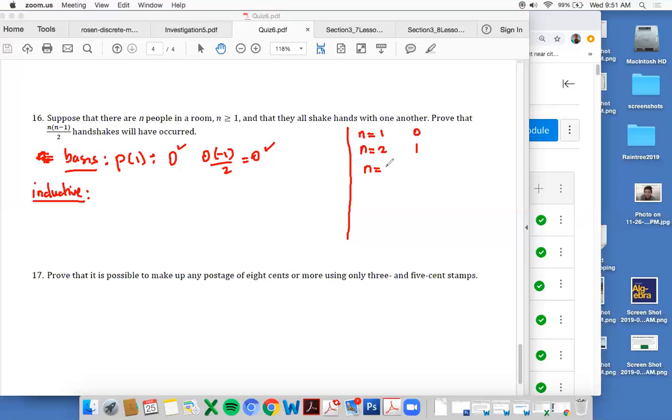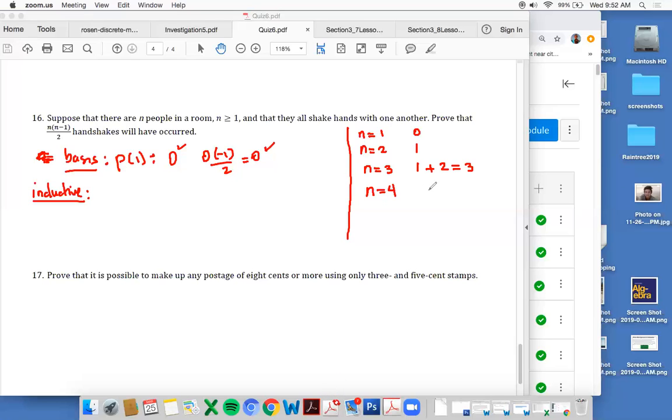And if n is 3, how many handshakes is that? The first handshake was between 2 people, and then this third person that comes in is going to shake the hands of the 2 people already in the room. So that's going to be 3.